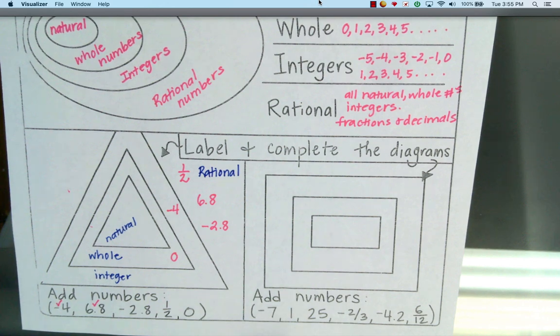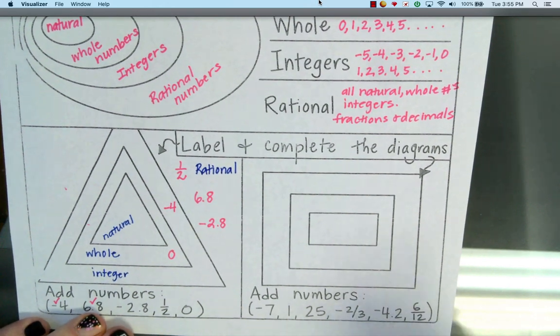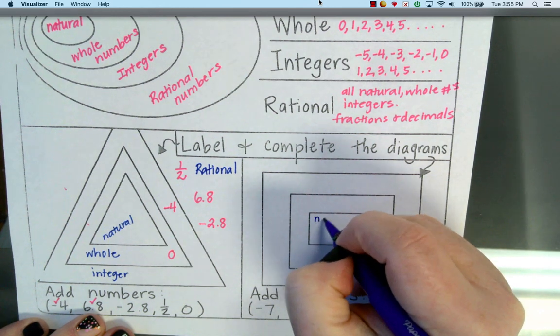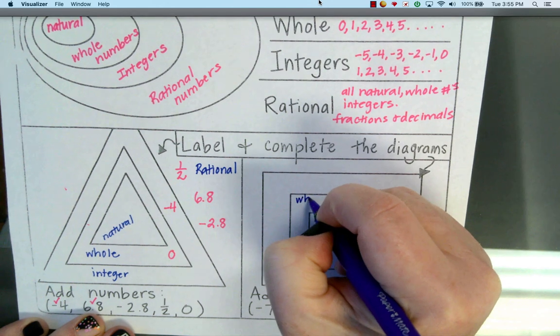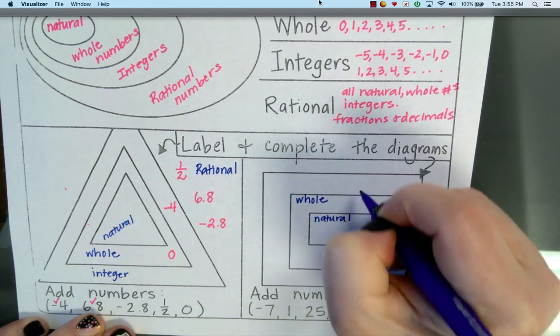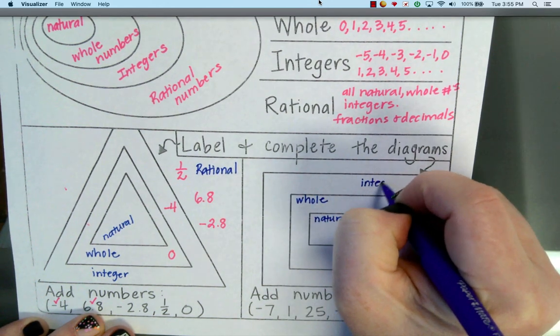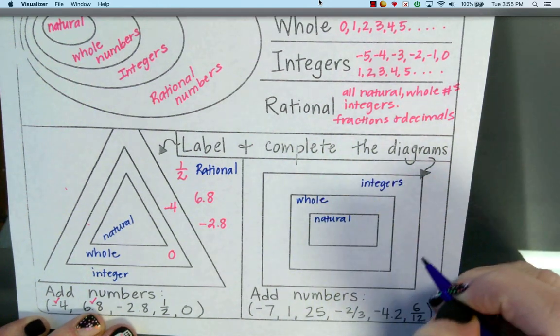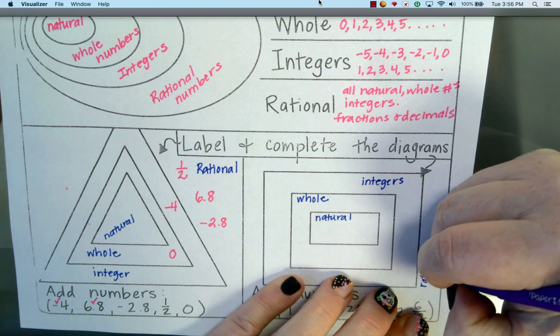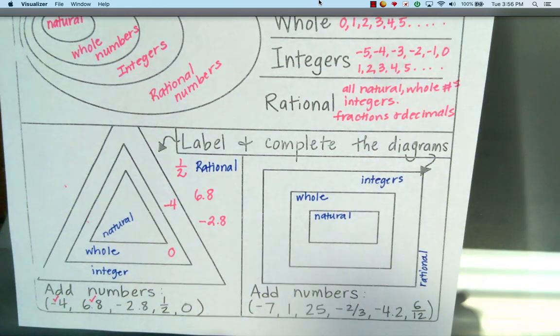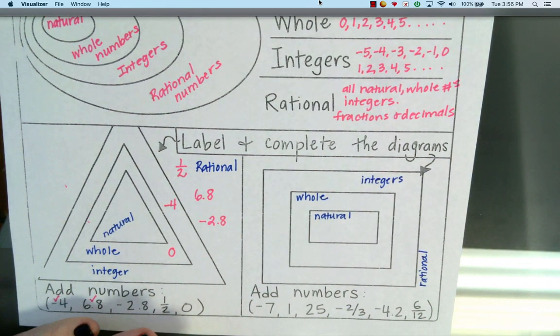So in this little diagram right here, my natural, my whole numbers, my integers, and on the outside, I'm going to say my rational. Okay, so let's go back.